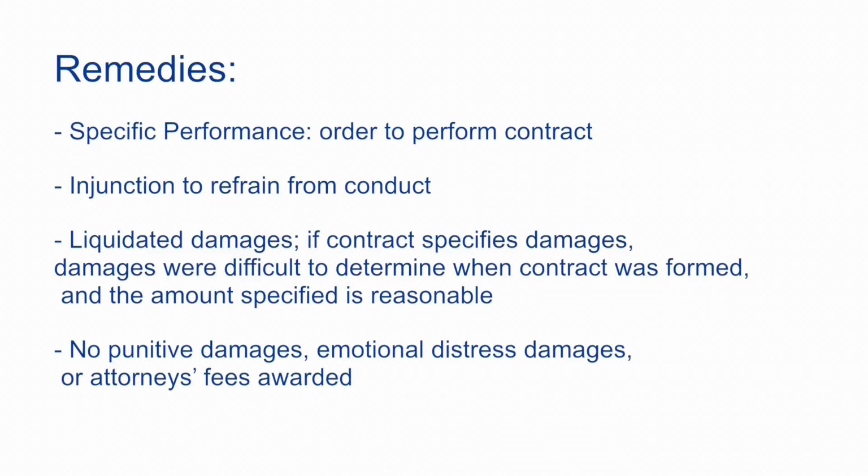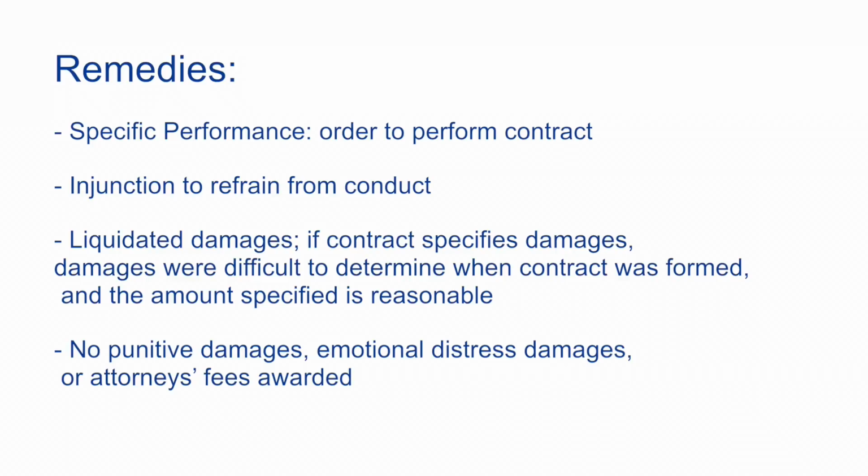You could also have what are called liquidated damages. So if the contract specifies what the damages are going to be, the damages were difficult to determine when the contract was formed, and the amount specified is reasonable, you can have those damages. So if the contract itself says what the damages will be, then you can use liquidated damages rather than expectation or reliance damages.